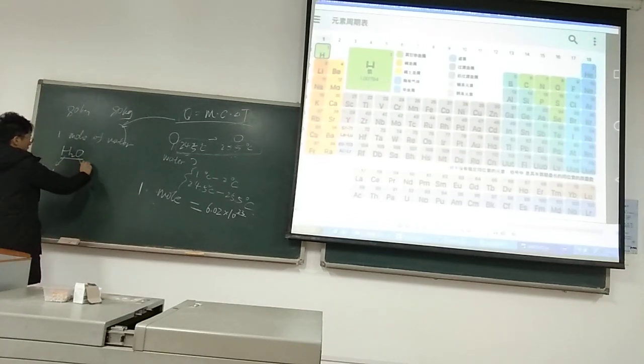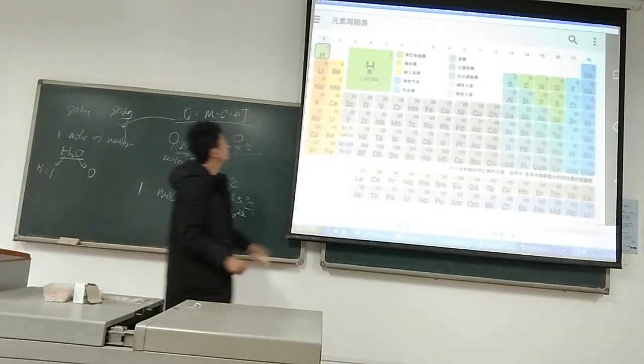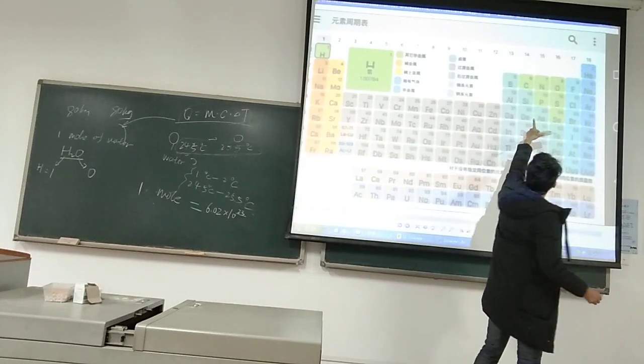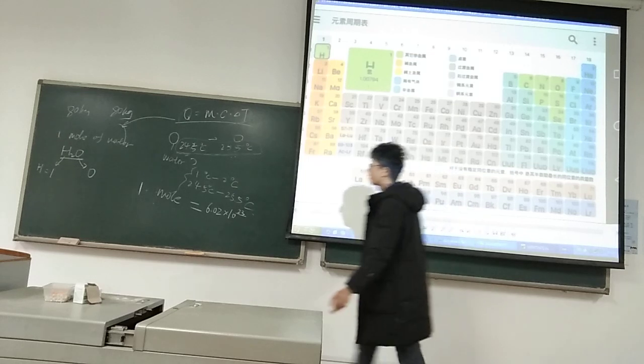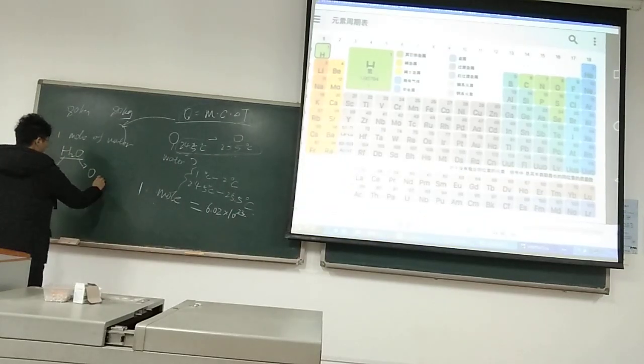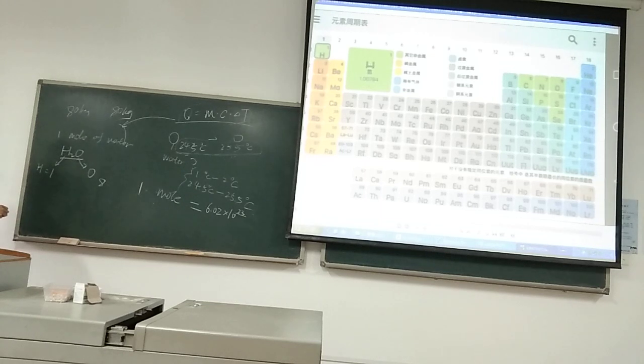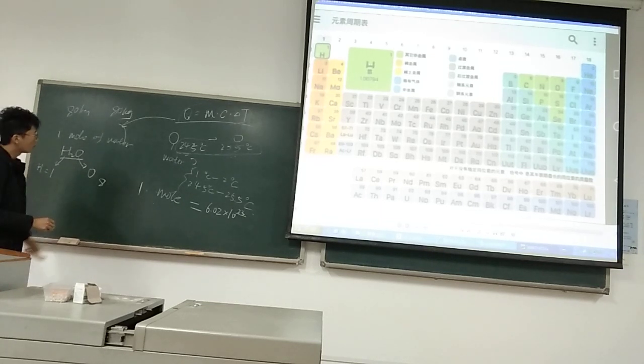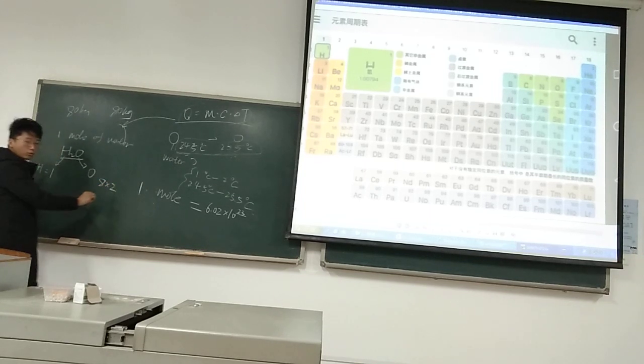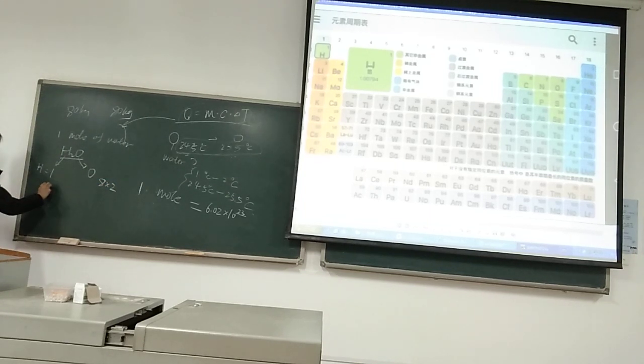The oxygen atom has number 8, but its weight is 16. So 2 plus 16 equals 18, which means 1 mole of water molecules equals 18 gram.